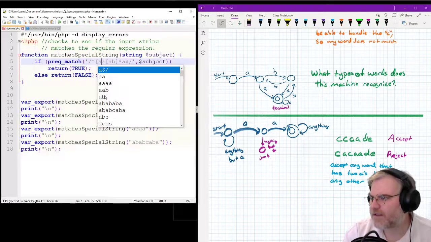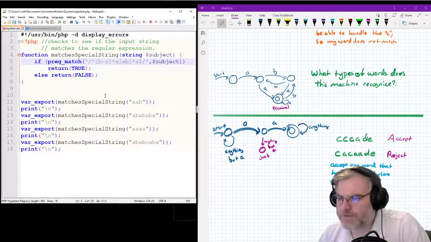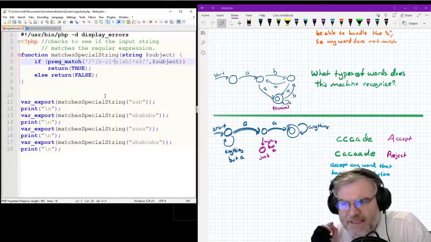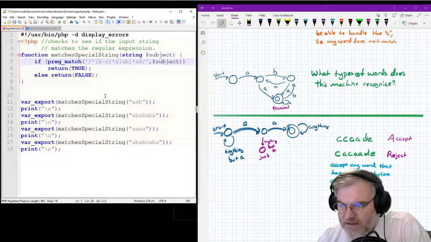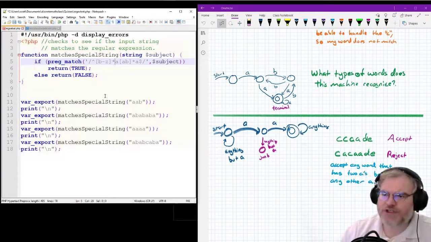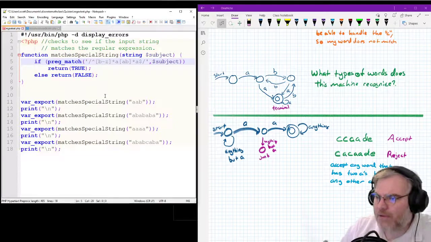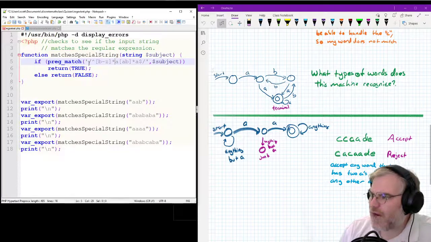So A, B, no B, B through Z. Right? Any number of characters B through Z. Okay? Not A through Z, because I want to reject words that have a single A and then go to another character. So if I have A there alone, it's not going to work. Right? I need to reject things that have A's. But I'm okay with words that start with A, right? A is fine.